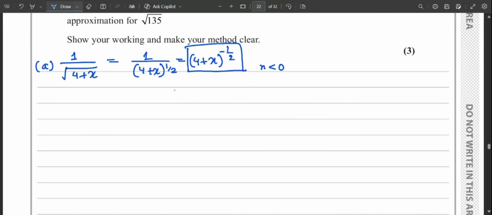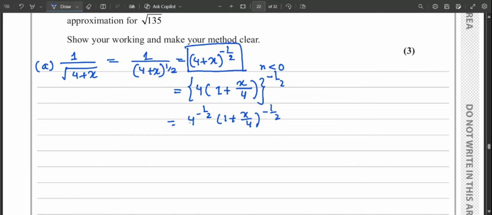So now I can write 4 plus x to the power of minus half as, I can take 4 common. So this will give me 4 into (1 plus x by 4) whole to the power of minus half. Simplifying, we get 4 to the power of minus half and (1 plus x divided by 4) to the power of minus half.